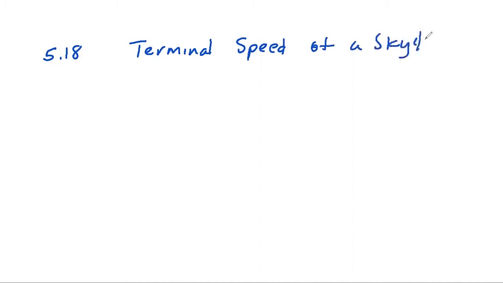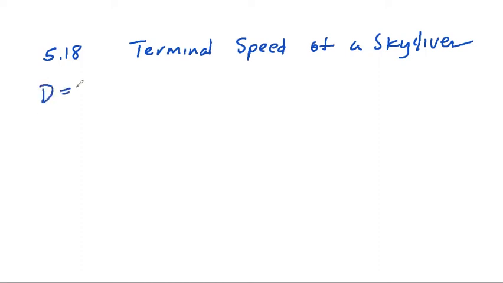All right, 518 is terminal speed of a skydiver. And it reads, for a human body falling through the air in a spread eagle position, the numerical value of the constant D, big D, in equation 5.6 is about 0.25 kilograms per meter.